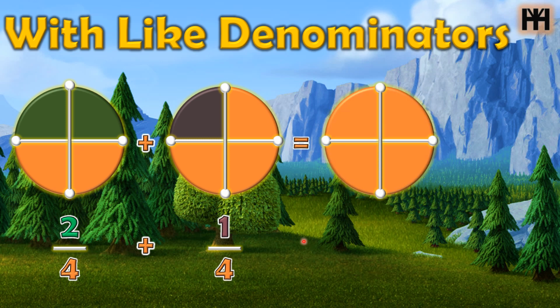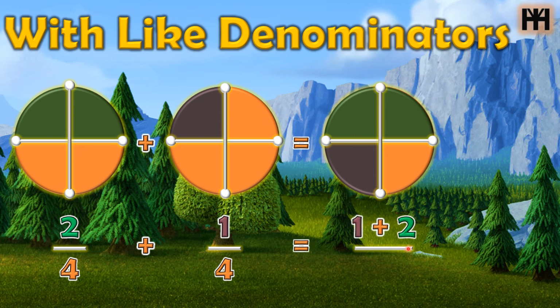So it will be equal, see, add them. These two green parts here and this purple part will be here. So it will be equal 2 plus 1 over 4, or 1 plus 2 over 4. Okay, so it will be 3 over 4. So you see here, we only added these two numbers, the 2 and the 1. And we kept the 4 as it is.